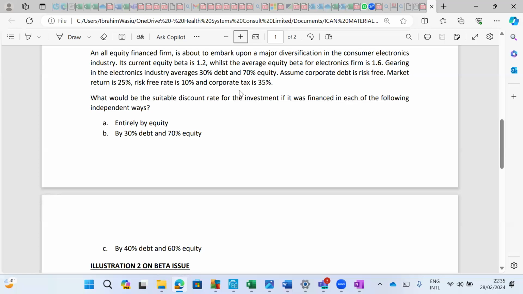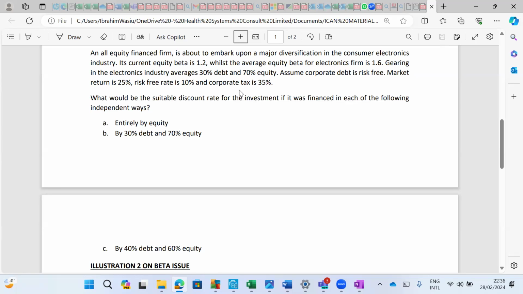Okay, let me explain this. If I tell you that government treasury bill is also a risk-free debt, are you saying that the cost of that source of debt is zero? Are you saying government will not pay you interest on the money you are giving them? They will pay, but let me say it's tax-free. There's no tax implication.